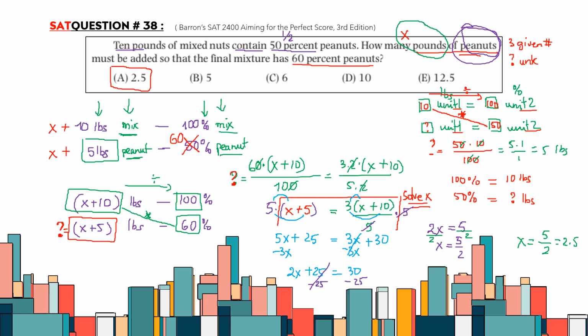We can also use the fact that we can plug in. If I try B, I have 15 pounds total because I add 5 to the 10. If I have 15 pounds at 100%, what is 60%?